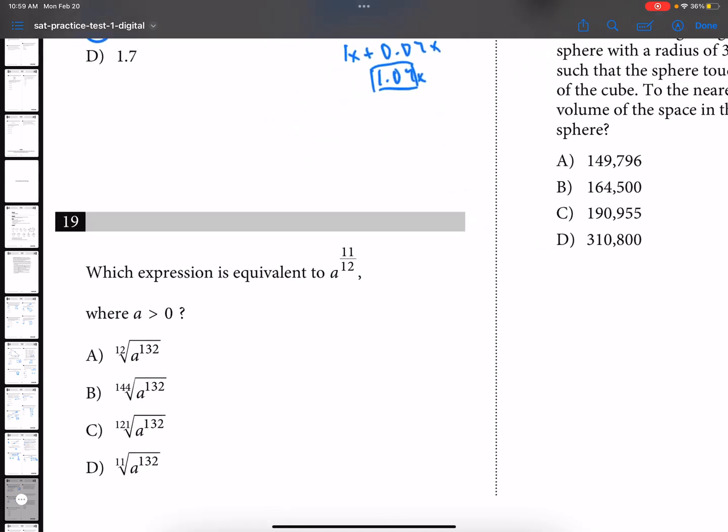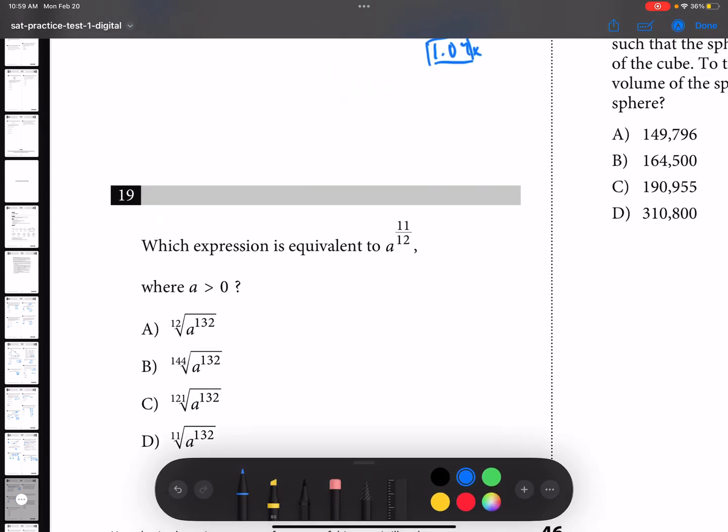All right, number 19. Which expression is equivalent to a to the power 11 over 12? This is a bit of a tricky question, but an easy way to do this is, based off the answer choices, we have to multiply them. I'm going to multiply the exponent 11 over 12 with 12 over 12. This would give us a to the power 132 over 144.